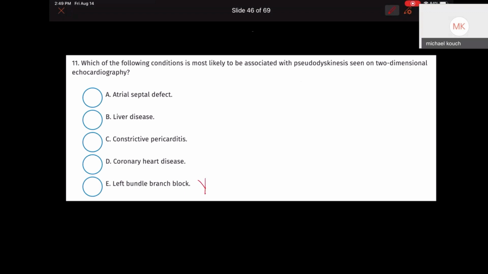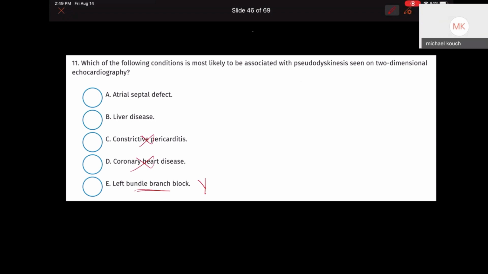So let's do some test taking practice. You're all obviously in medicine, so you're probably wonderful at tests. Pseudo-dyskinesis. So what do you think that is? It looks like dyskinesia, but it's not. It looks abnormal, but it's not. So you went with left bundle branch block, because that would make sense. Okay. Will coronary artery disease potentially cause something like that? No, that would be true dyskinesia. Good. Constrictive pericarditis? Not really. Liver disease?